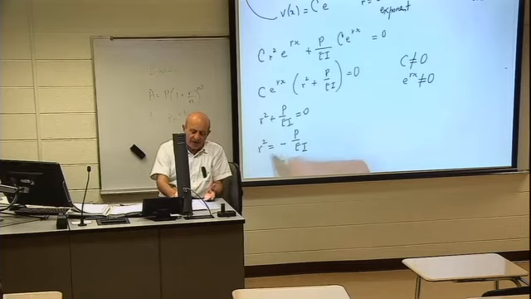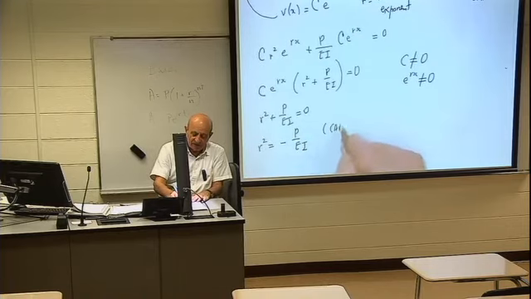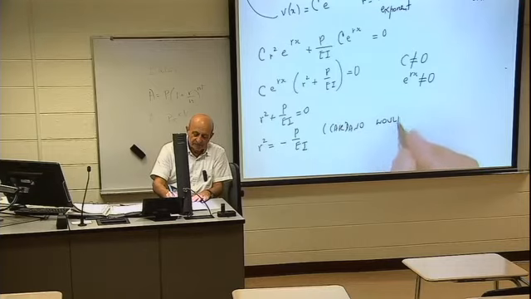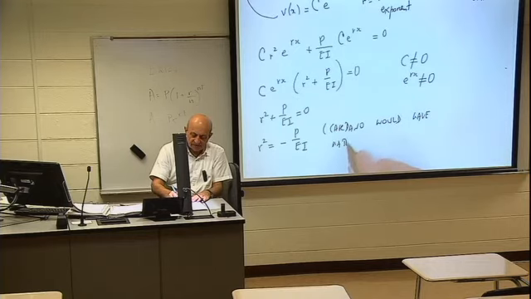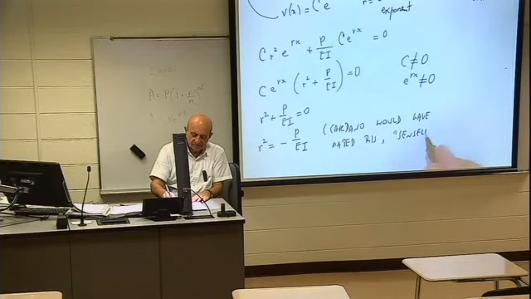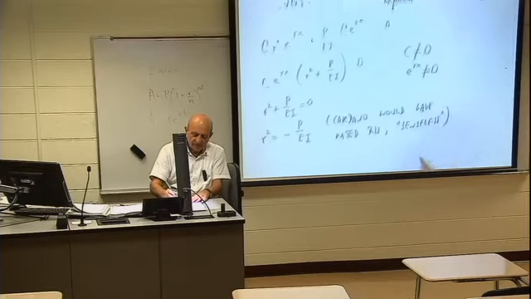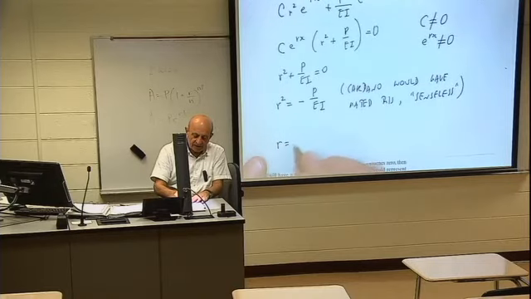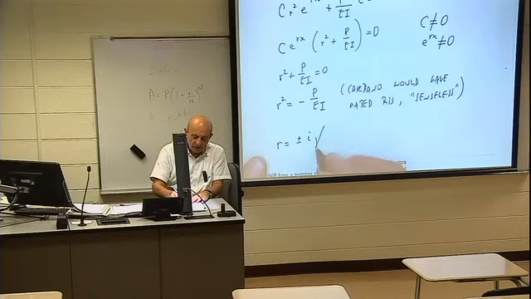Oh, I'm squaring r and get something minus. Of course, Cardano would have hated this, calling it senseless. Okay, then r equals plus minus i square root of p over EI.